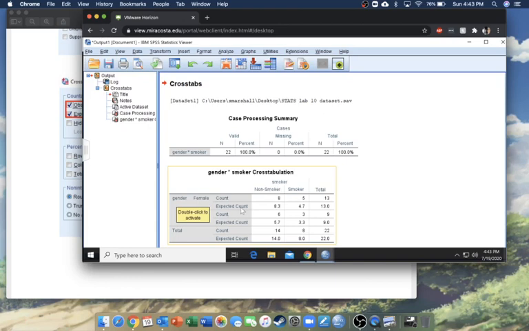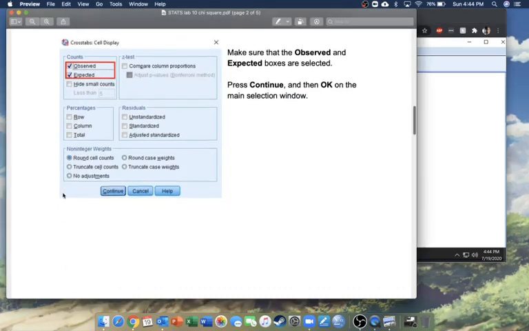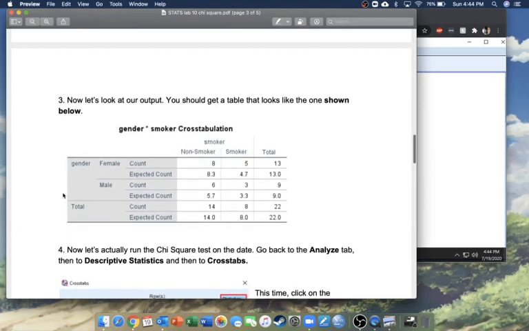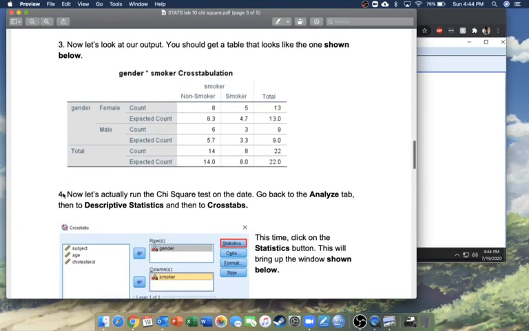This would be an independence test, a test for independence, for the chi-squared. So remember, we have two sets of nominal variables we're comparing as opposed to the distribution of one nominal variable. So it went ahead and did our frequency, expected frequency calculations here, which is quite nice, isn't it, that we don't have to do it ourselves. All right. So those are our crosstabs. It should look like this.